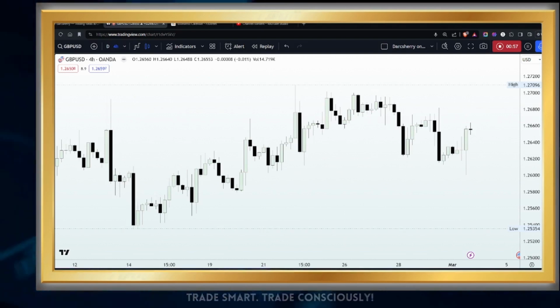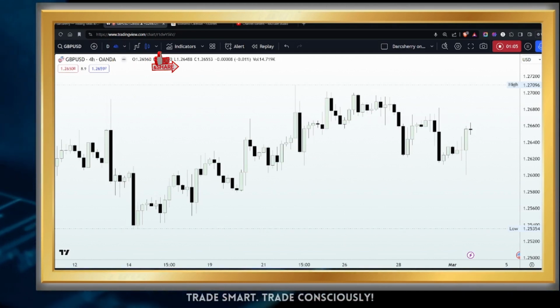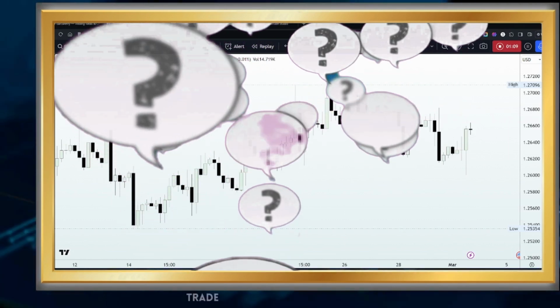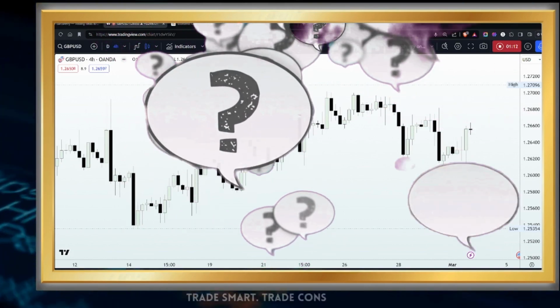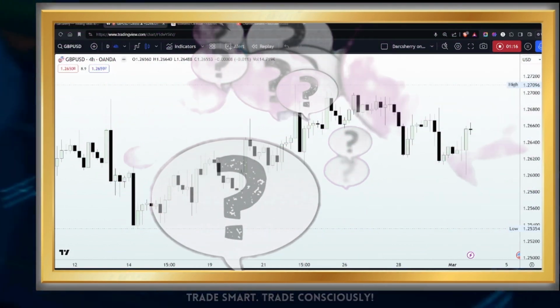With a broader market risk appetite prevailing at this moment and no significant economic events from the United Kingdom to drive the pound sterling in the coming week, questions arise regarding the potential outcome for the pound sterling within the current market dynamics.